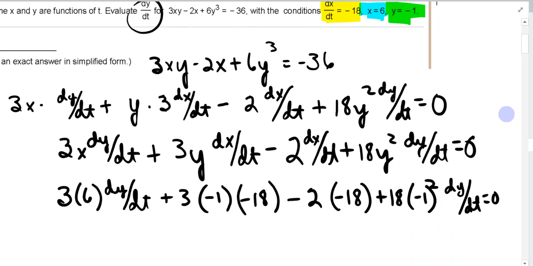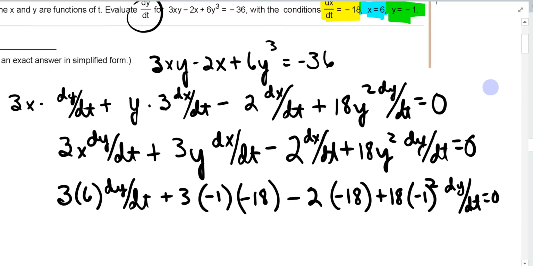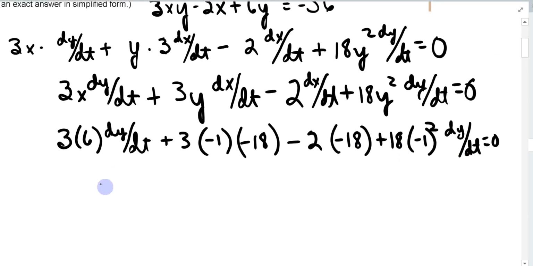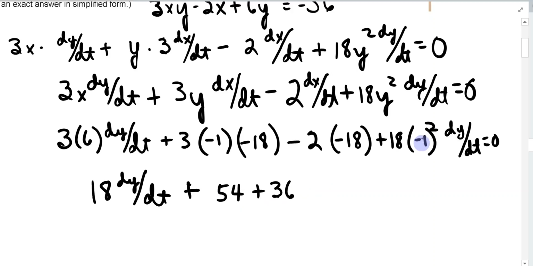I took the things that were given in the problem and plugged them in, and now we'll clean that up a little more. This is 18 dy/dt plus 54 plus 36, and negative 1 squared is 1, so plus 18 dy/dt equals 0.